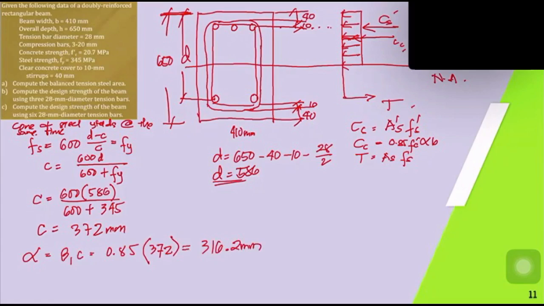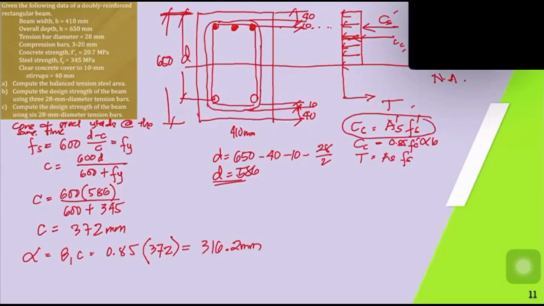That is for the tension. At balance condition, the concrete and tension steel yield at the same time, but that does not mean the compression steel also yields. So we need to compute whether the compression steel yields, to know what to use for CS.